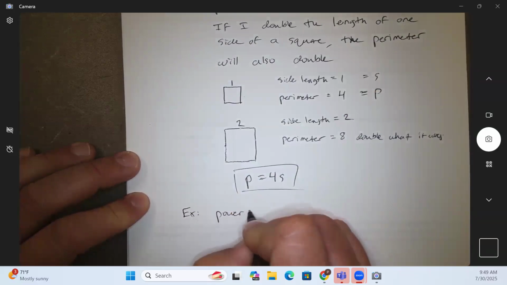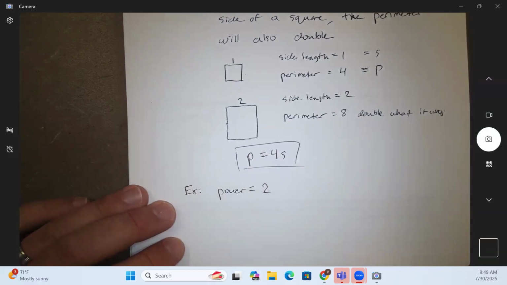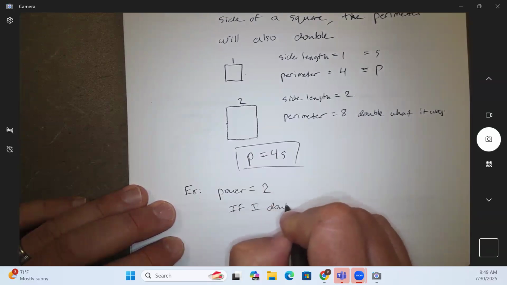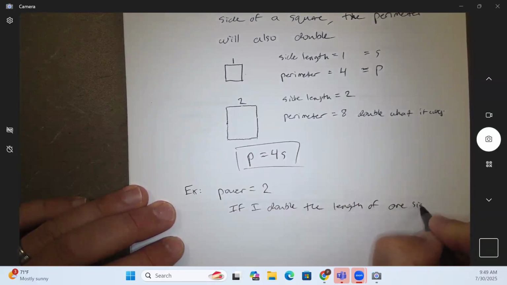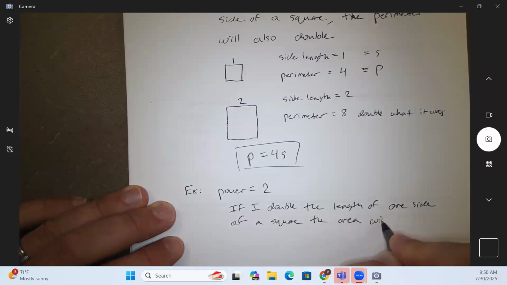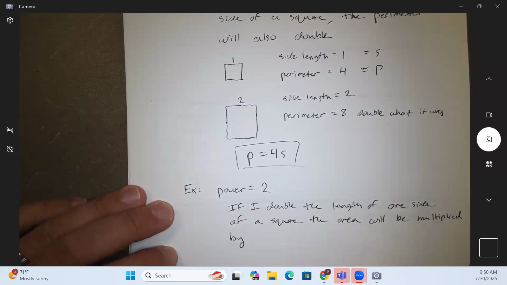Now let's look at power equals 2. If I double the length of one side of a square, the area will be multiplied by, not going to double anymore.